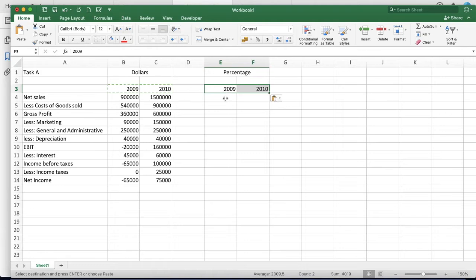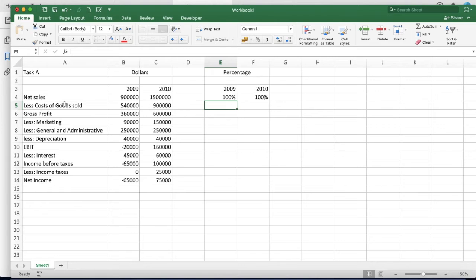The first row is for net sales. Since we are asked to rewrite each item compared to the sales, this is the baseline. So we should start by 100% for each of these 2 years.